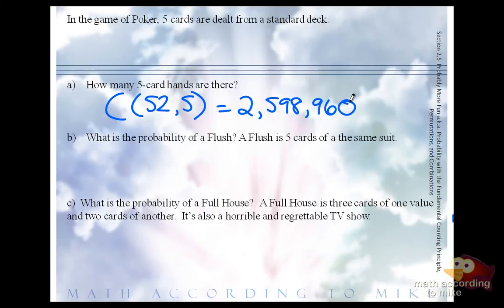Denominator represents the number of ways of getting your 5-card hand. So the denominator is done. That's part A. That's that 2 million number. So again, the numerator represents the number of ways of getting a flush. Denominator represents the number of ways of getting 5 cards.